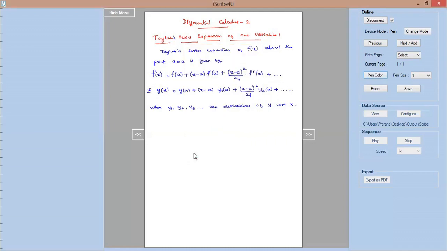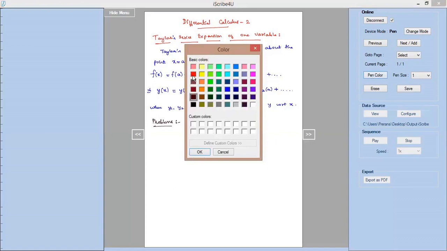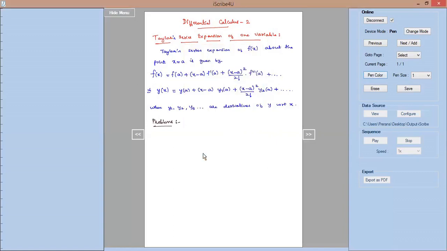So let us do problems on Taylor series expansion. First question.